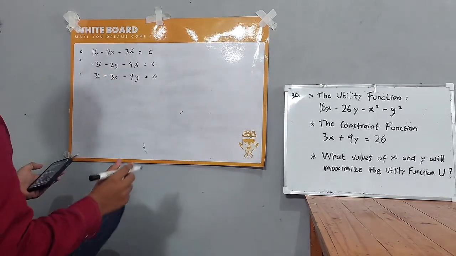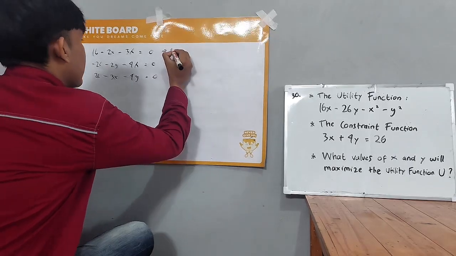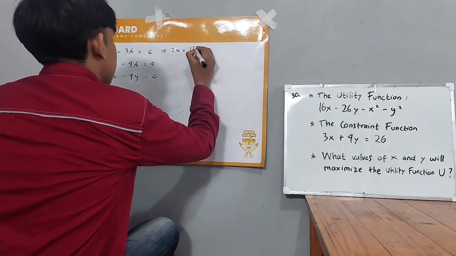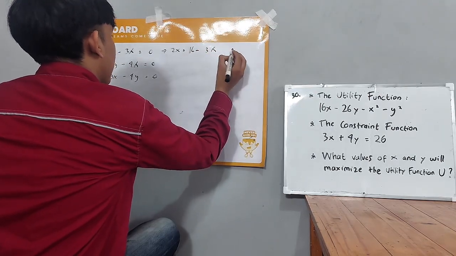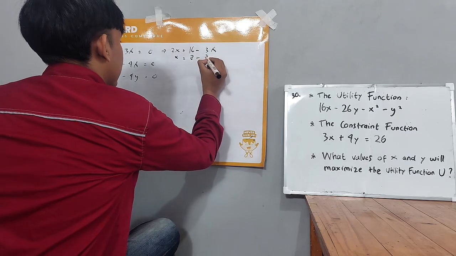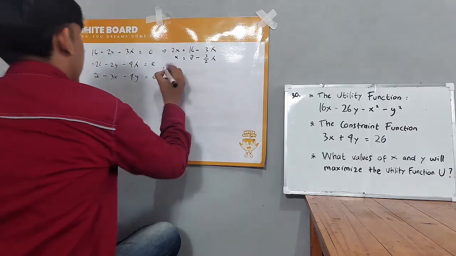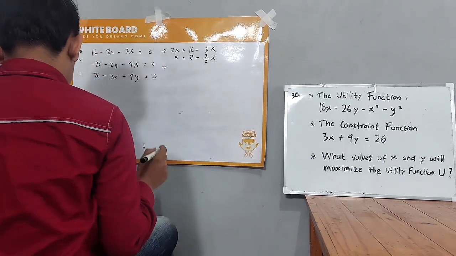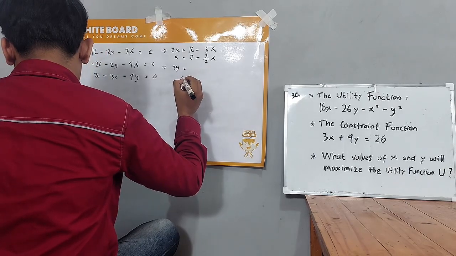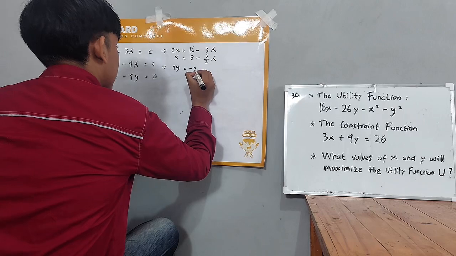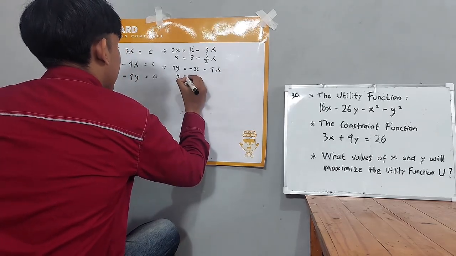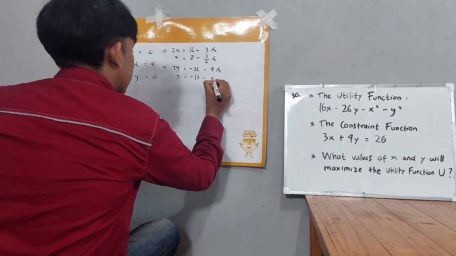From the first equation, we have 2x equals 16 minus 3 lambda, or x equals 8 minus 3/2 lambda, and from this we have 2y equals 26 minus 4 lambda, and y equals 13 minus 2 lambda.